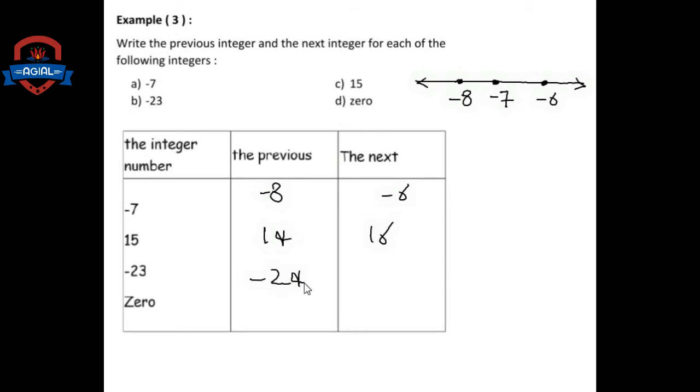Good. And the next integer would be negative 22. 0, the previous integer of 0 is negative 1, and the next integer would be 1.